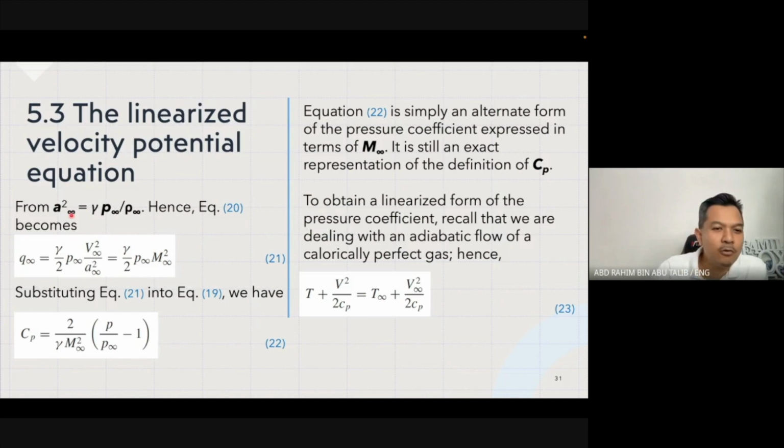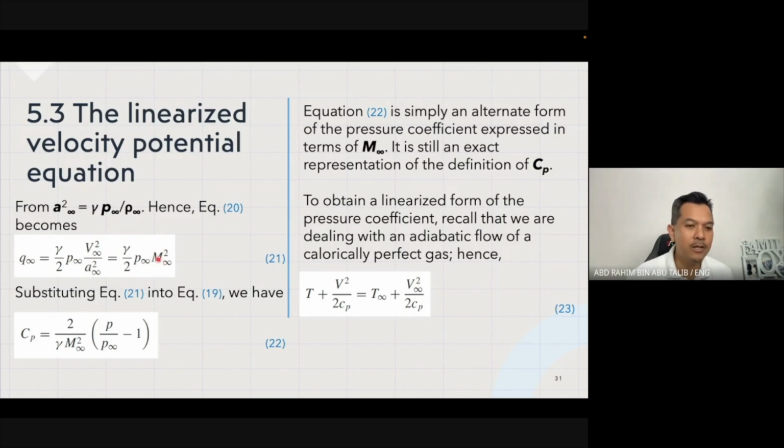And from the expression of the speed of sound for the free stream squared, which is equal to gamma times the free stream pressure divided by the free stream density, equation number 20 can now be rewritten as equation 21, where you know that V over A is actually the Mach number.